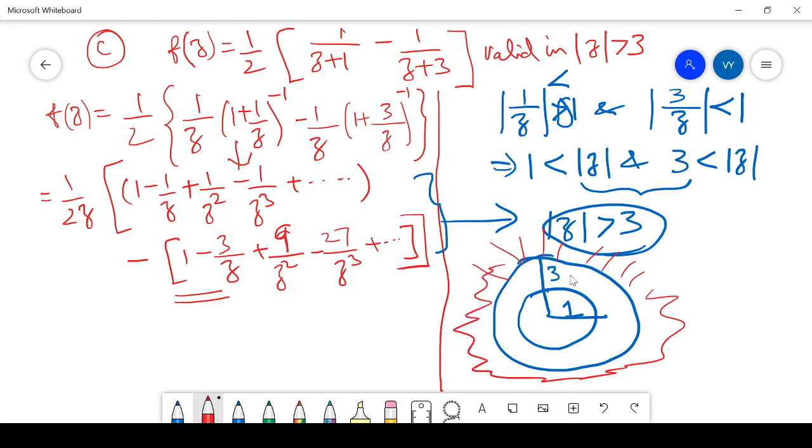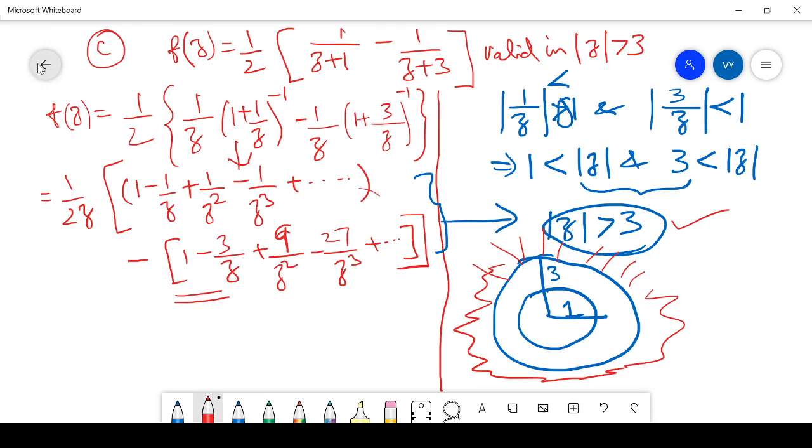So automatically, because mod z is greater than 1 and mod z greater than 3 has got this intersection, this expansion will be valid when mod z greater than 3. When I take mod z greater than 1, then the second part cannot be expanded, and therefore we take the common region and say that the validity is mod z is greater than 3.